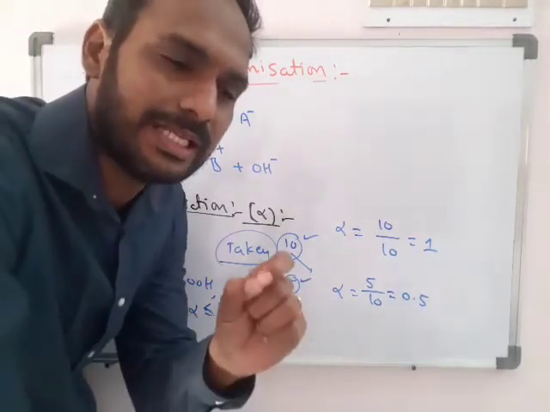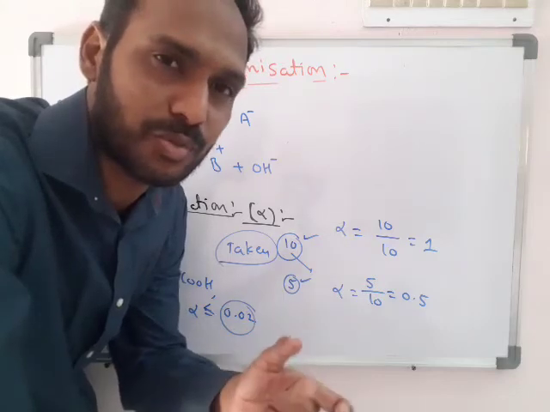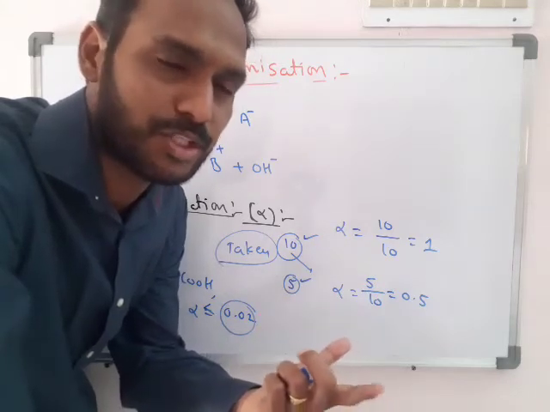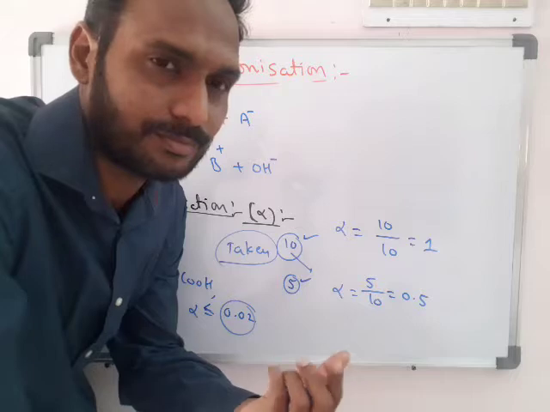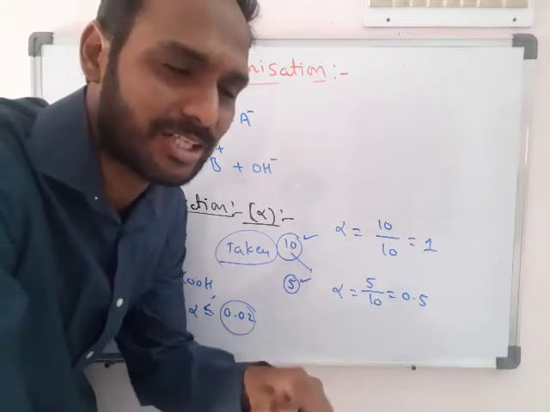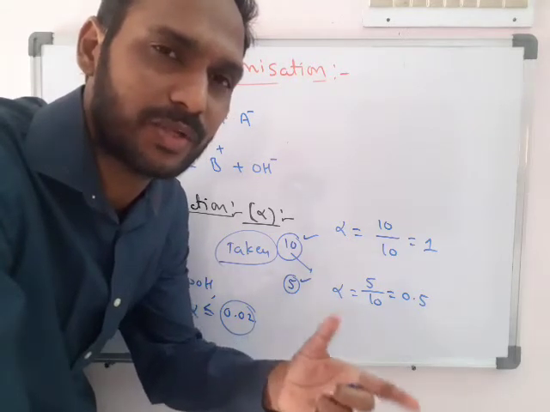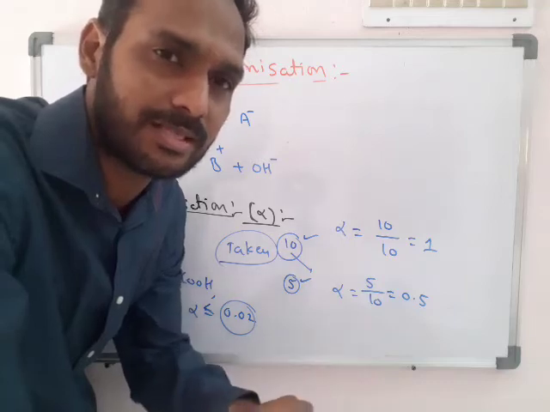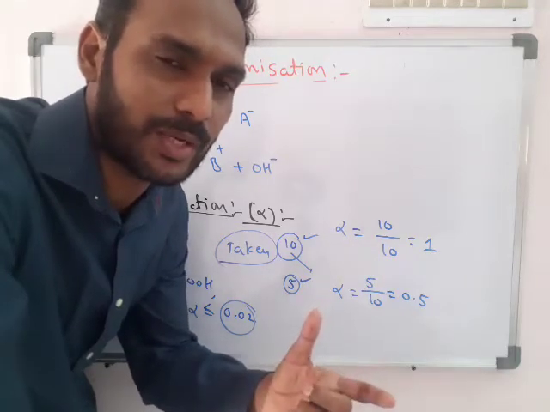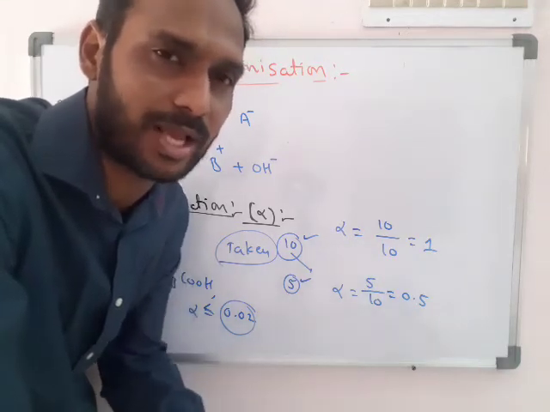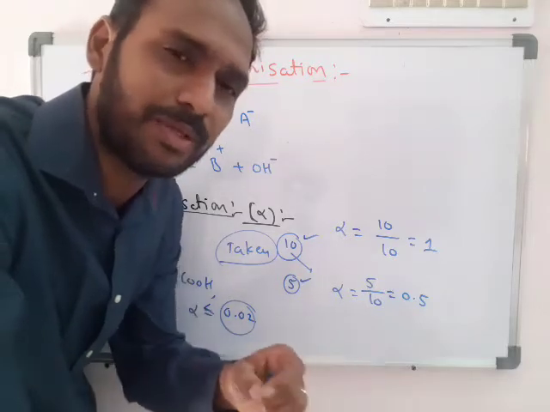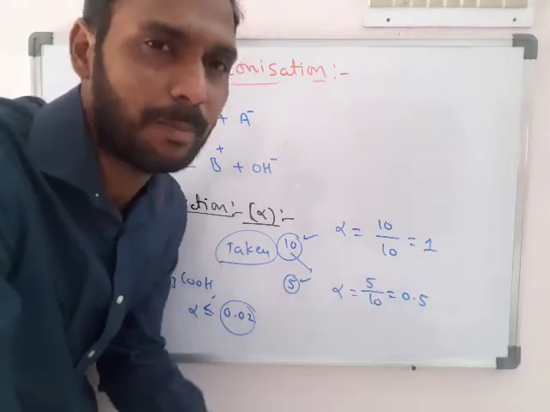A very small number of molecules are dissociated, which means fewer H plus ions are formed, so the extent of ionization is less, and it is a weak acid. If the extent of ionization is more, they are treated as strong acids. The same can be applied to bases.